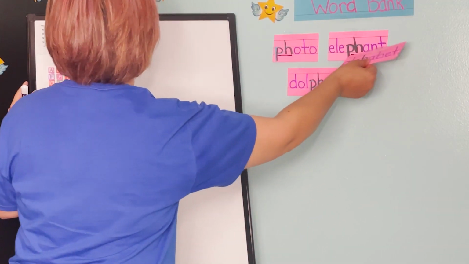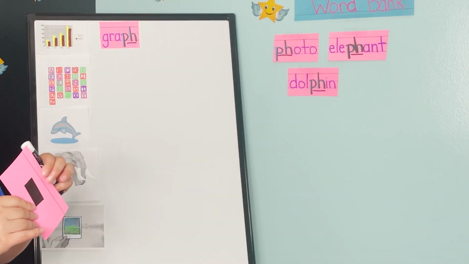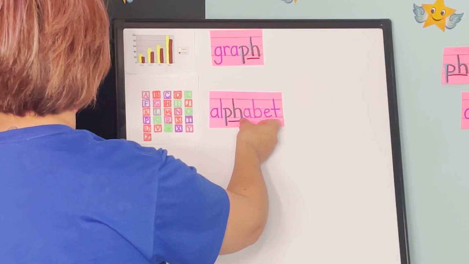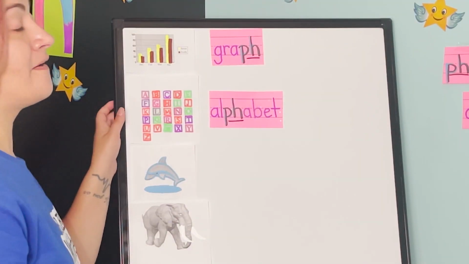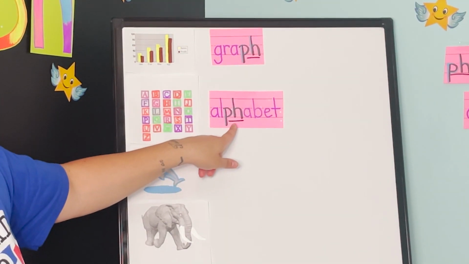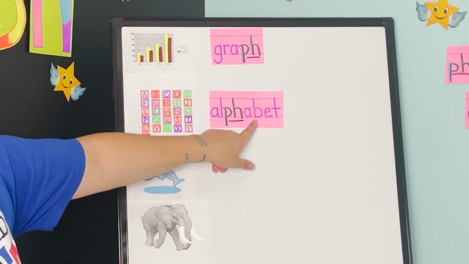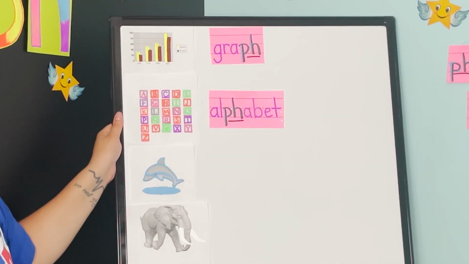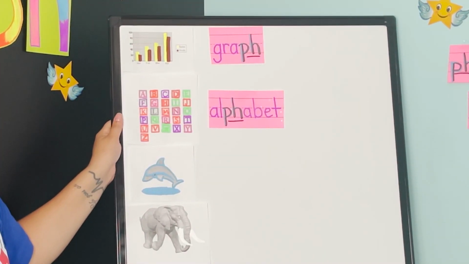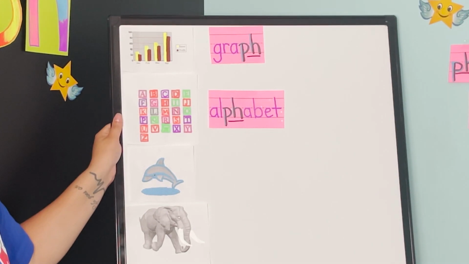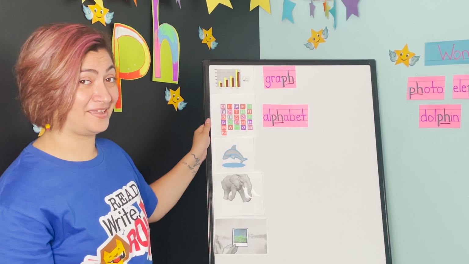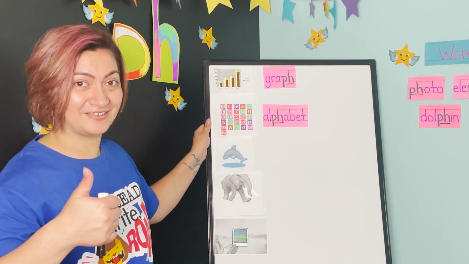All right, I'm going to go ahead and pull the word alphabet. You go ahead and write it down. Listen to those sounds. Al, spelled with a PH. Good. Alf. That one's actually the letter A. B. Et. Alphabet.